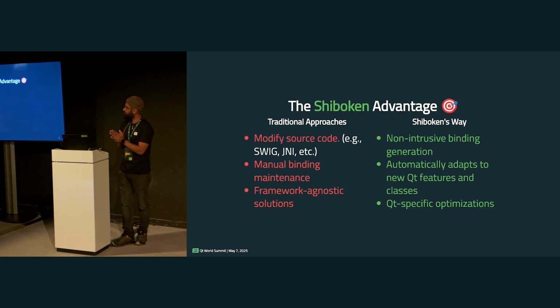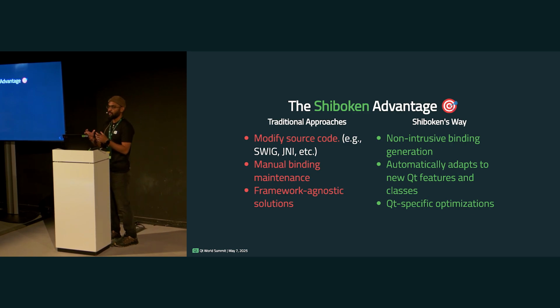Then with tools like PyBind11, you have a certain amount of manual binding maintenance, in the sense that in order to expose a class and all the methods in that class, you literally have to specify all the methods that you want to expose to Python. All these traditional approaches are also framework-agnostic solutions. They are not specifically made for Qt, for example.